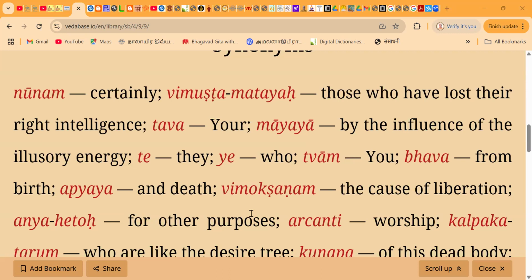Therefore, instead of worshipping the Lord for liberation, one worships the Lord for other reasons.